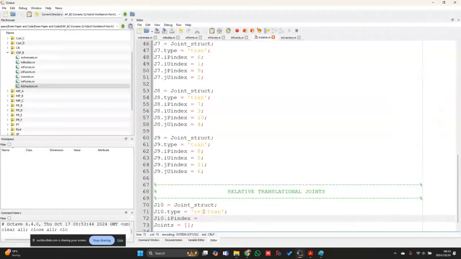Right, so I'm going to start off then with my IP index, which is then on the platform body. So you can, yes, I think you can do that. Yeah, so that would then be for the combined revolute joint. Yeah, I'd say a RevTran would probably work.